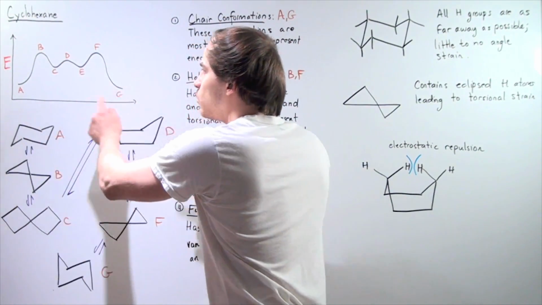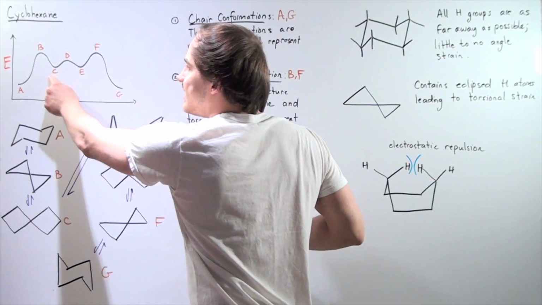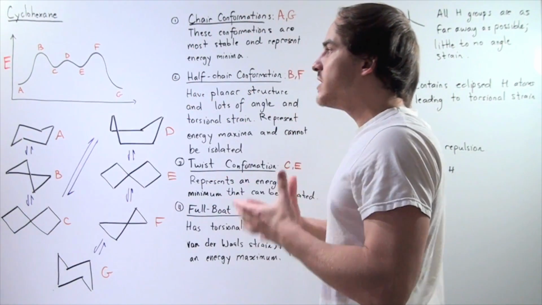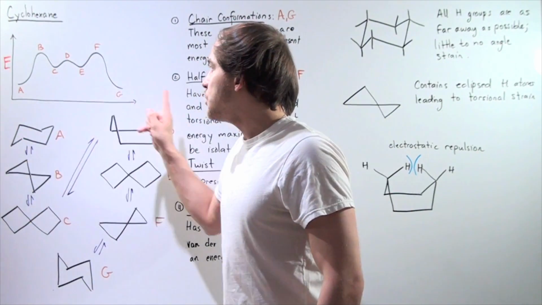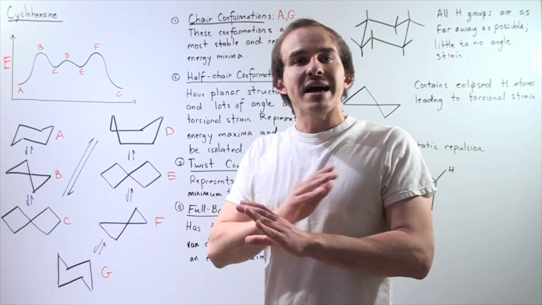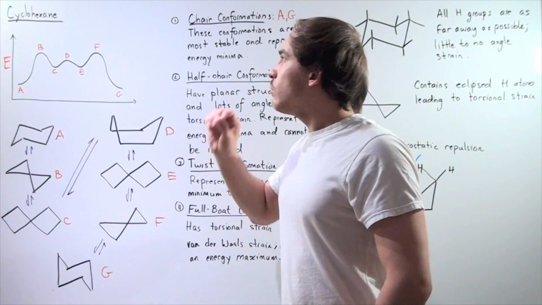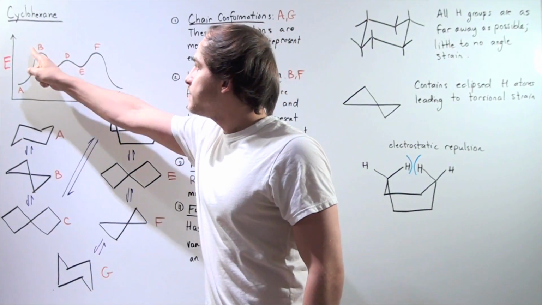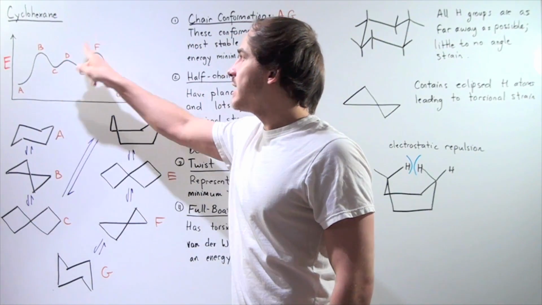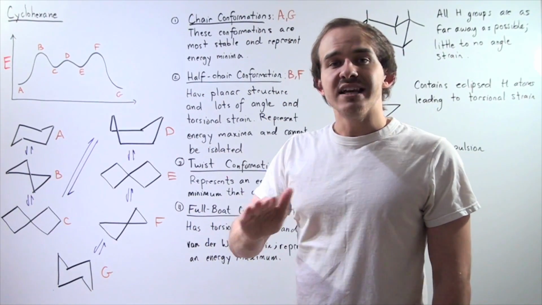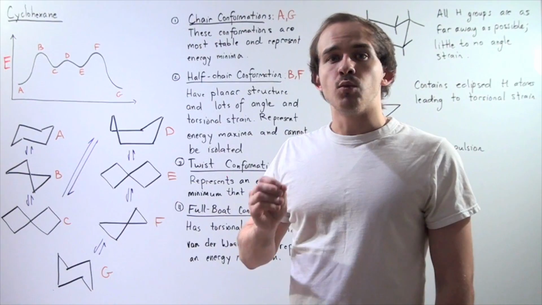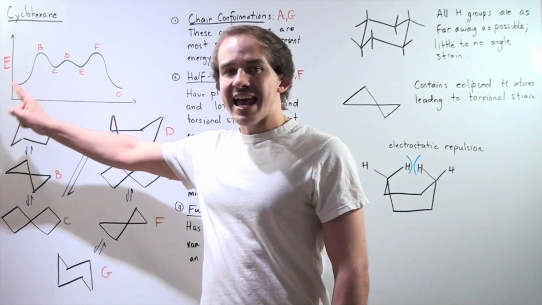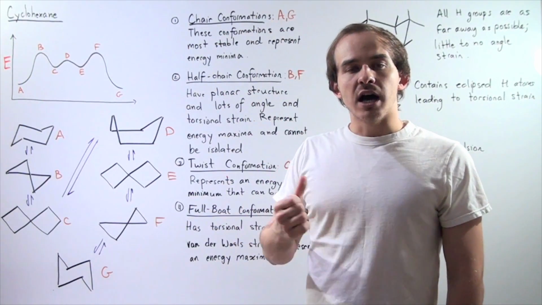And A and G will also exist as C and E. So if we have enough energy, our cyclohexane will exist as A, G, C, and E, but no matter how much energy we have, it will never exist as B, D, and F, because these represent transition states. But if we have no or very little energy, our cyclohexane will exist strictly as A and G, as the chair conformations.